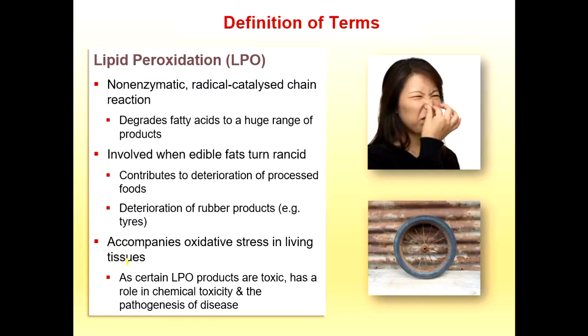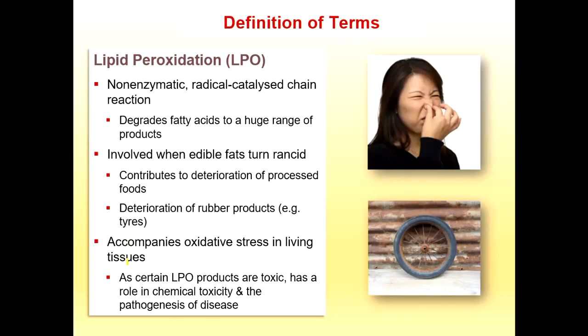These days modern tyres have significantly longer lifetimes because they put a lot of antioxidants in there to preserve the rubber. Now, it's also important in food chemistry. In days gone by, you would often have a tub of fat in the kitchen, and sometimes if you weren't careful in using it, it would go rancid and white, more solid, and very smelly.